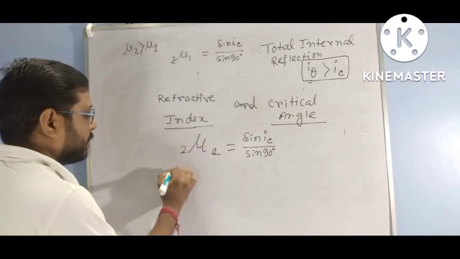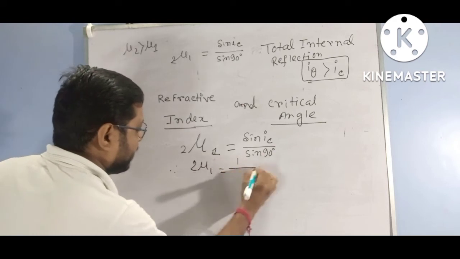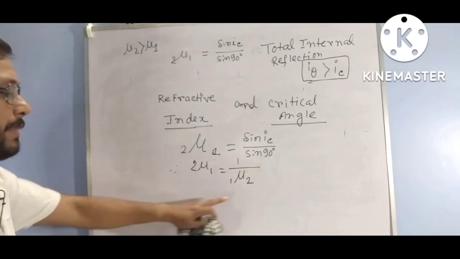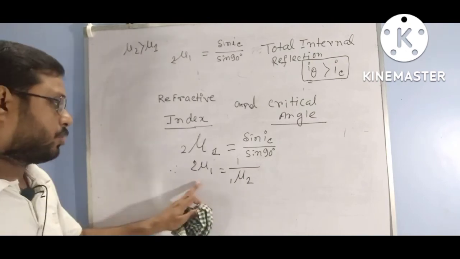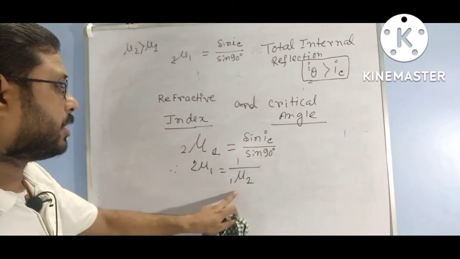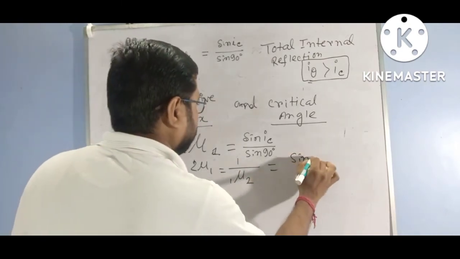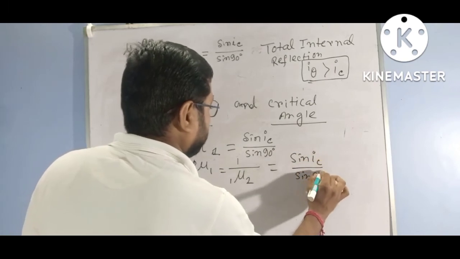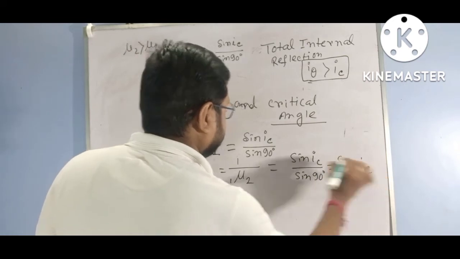Now 2 mu 1 is equal to 1 by 1 mu 2. It can be proved from the principle of reversibility of light. 2 mu 1 is equal to the reciprocal of 1 mu 2, which is equal to sine IC by sine of 90. We know that sine of 90 is 1, so it is equal to sine IC.